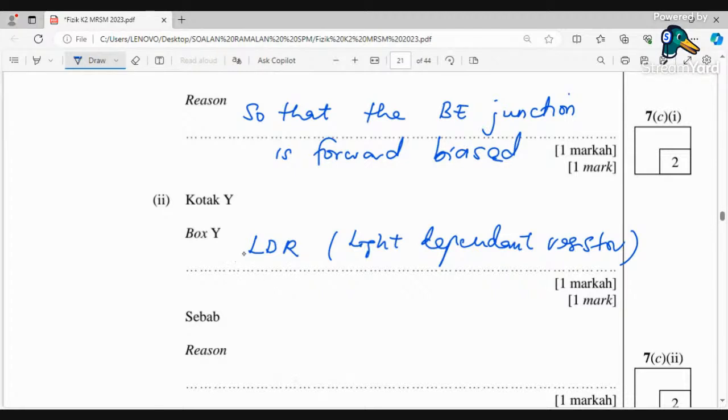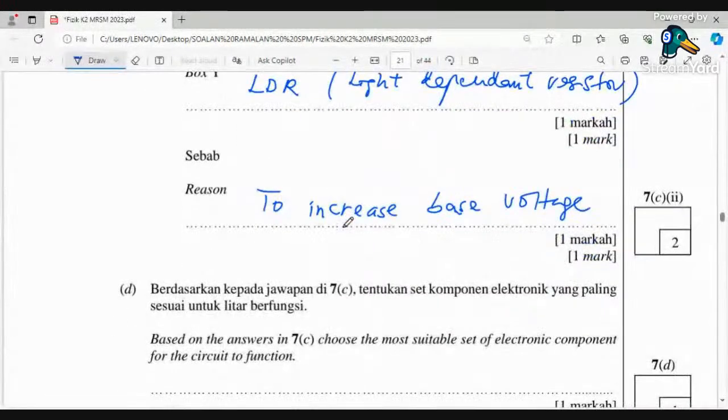So function of LDR ialah untuk apa? To increase base voltage. Base voltage increase, barulah I akan mengalir, atau so the base voltage low.